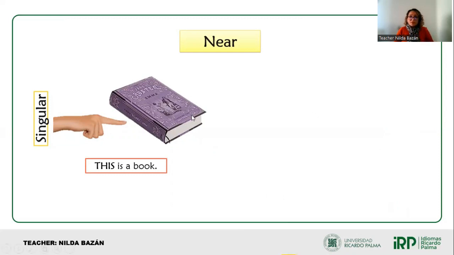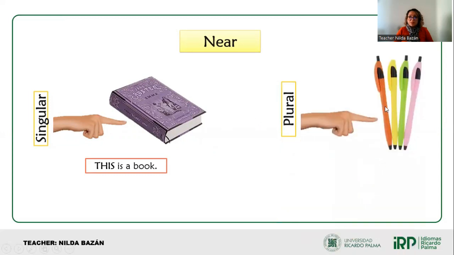When I have more than one object, like the pens over here, I have 1, 2, 3, 4 pens, and they are near, okay? I am going to use the word these. These are pens.